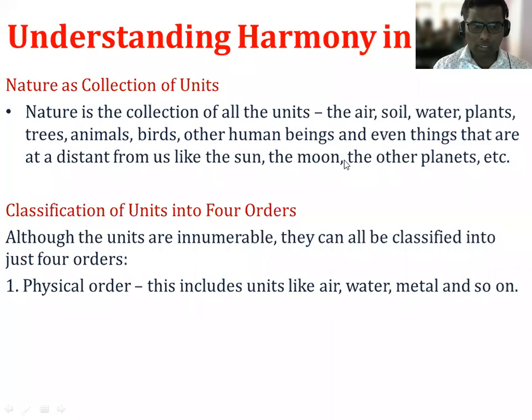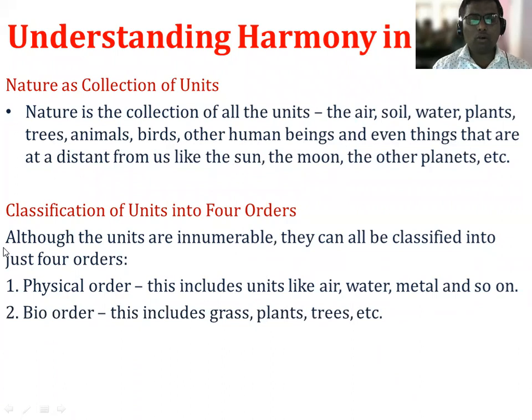Now what is the physical order? This includes air, water, metal, and so on. It means physically present. Air is physically present. Water is physically present. Metal is also physically present. That's why we say that air, soil, water, metal, etc. are in one order. We call it the physical order.